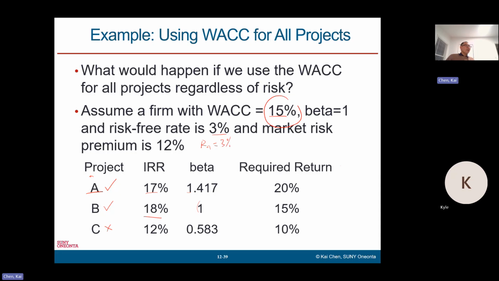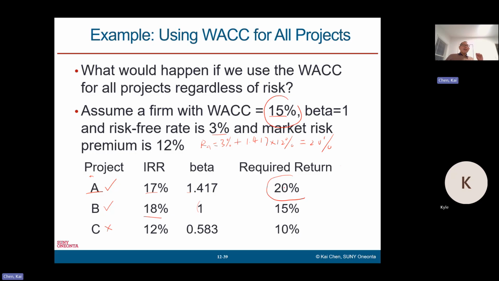Okay, 3%, plus the beta of project A, 1.417, times the market risk premium, 12%. Okay, then we can get the number, that is 20%. So I put the number here. According to the systematic risk of project A, its required return is 20%.